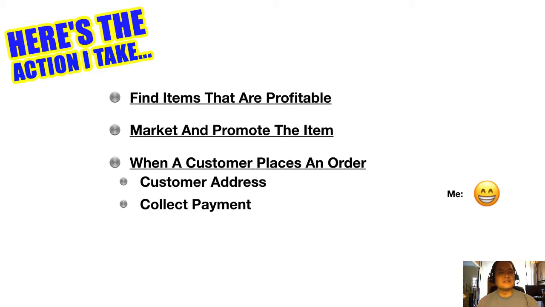And really what you need is you need their address where you ship it, and then you need to be able to collect the payment from them. So it's like kind of a payment processor, because there's going to be people who pay you different ways, right? They can have a credit card, or maybe they have PayPal or Venmo or something like that. So you have to have a mechanism that you can accept payments. That's why something like PayPal or Venmo is pretty nice, because they take payments online.